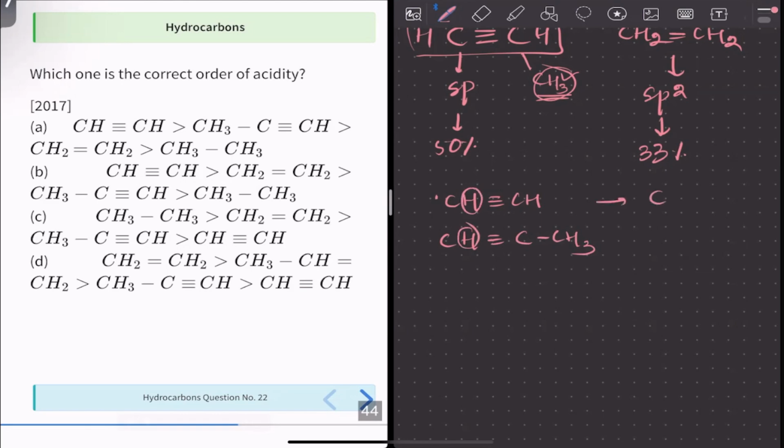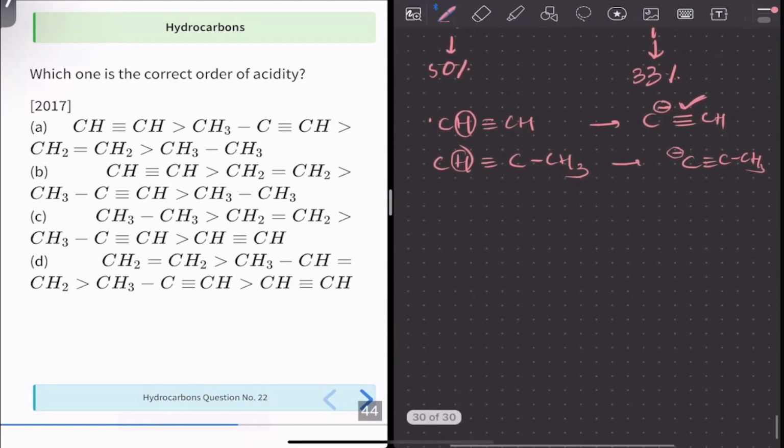It will convert it into C minus, CH. The more stable the carbanion produced, the more acidic the molecule will be, because it will be easier to detach the hydrogen atom.